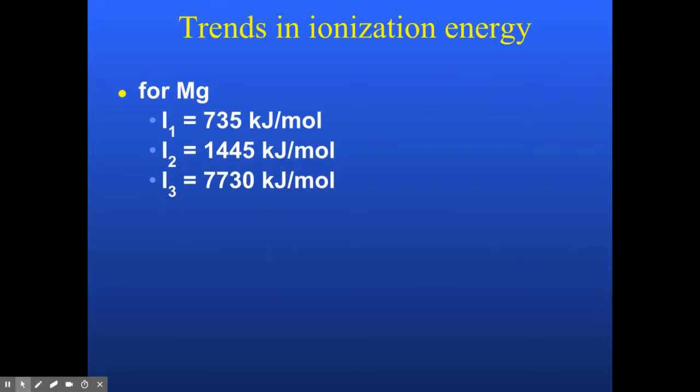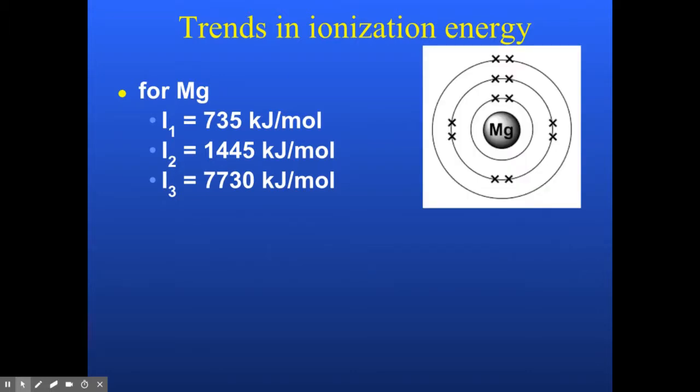If we draw out a pretty middle school look of an atom, just to highlight the number of electrons in each energy level, when we're removing for I1 and I2, we're removing these valence electrons. And so they're both relatively low.